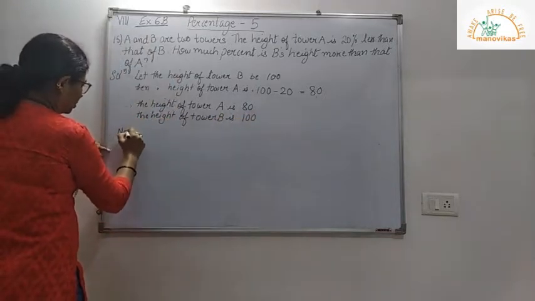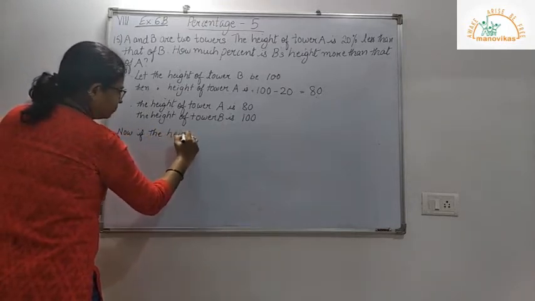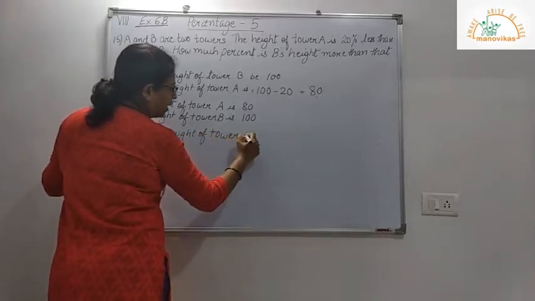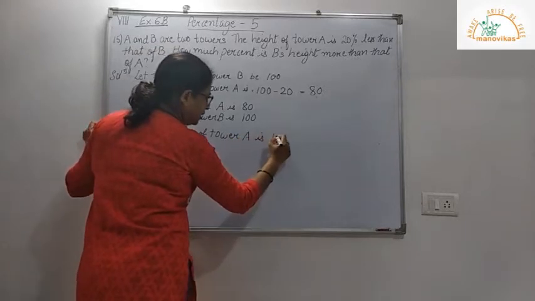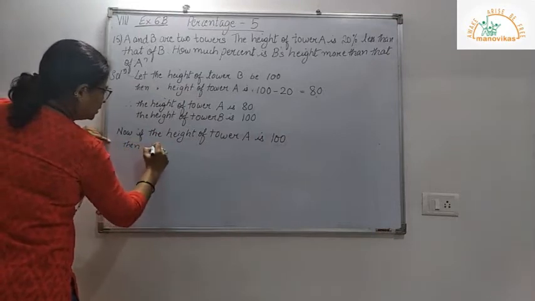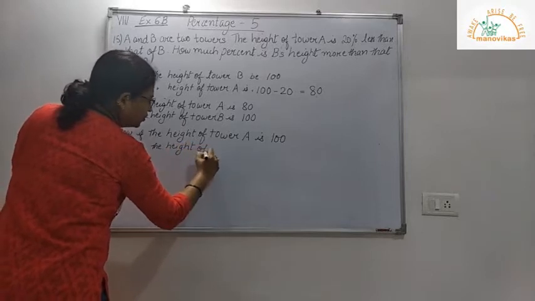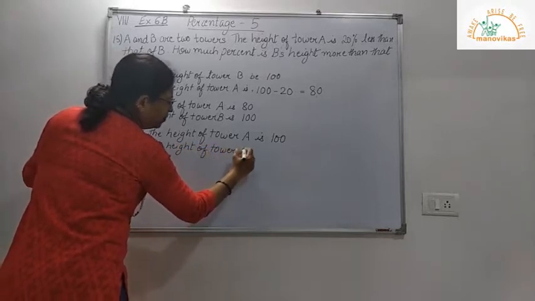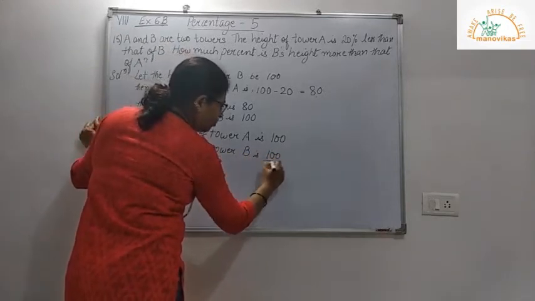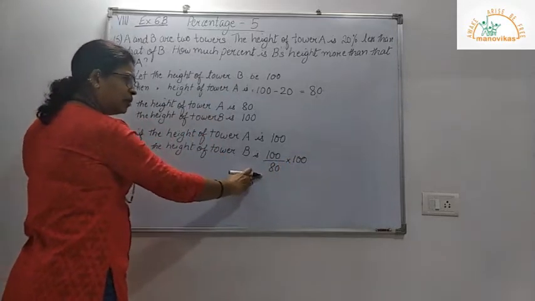Now, if the height of tower A is 100, then the height of tower B is 100 upon 80 into 100, because we are finding out the percentage.